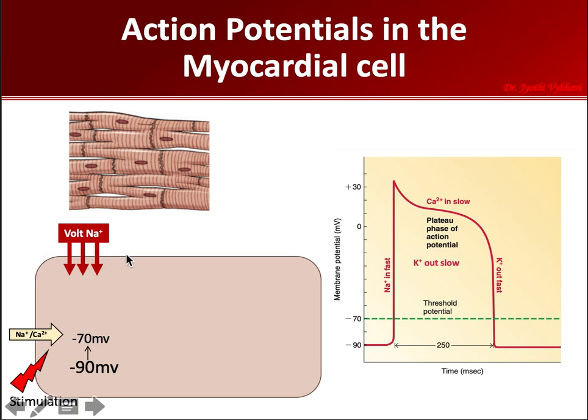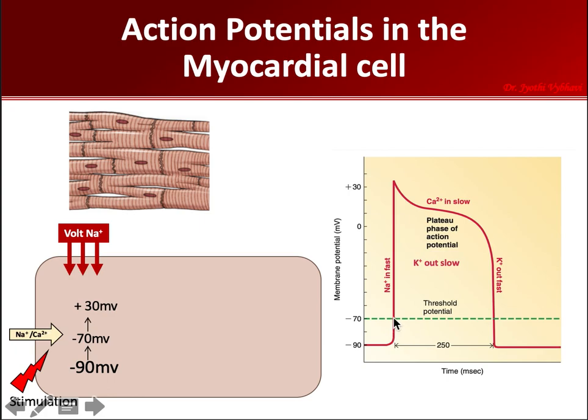Whenever these channels open, the sodium just rushes through, just like when you open the gates of a dam, how the water rushes through. Like that, the sodium is so abundant outside, it is just waiting to rush into the cell. So much sodium comes in, and these are very fast channels.